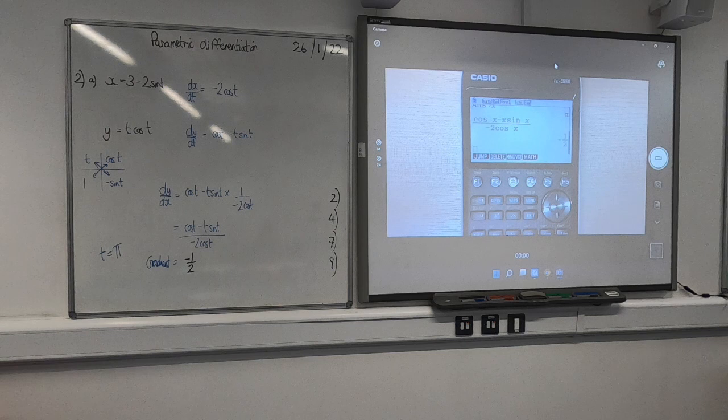And while I'm there, with pi as my value of x, I can work out my coordinate, because to work out the coordinate, I've got to substitute that value of t into the original function.